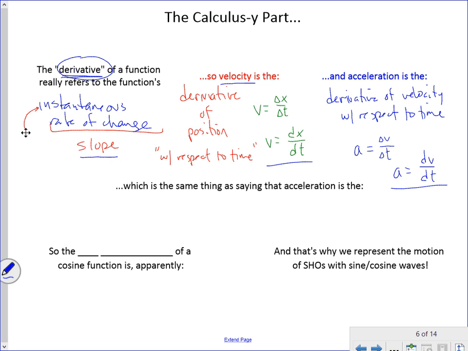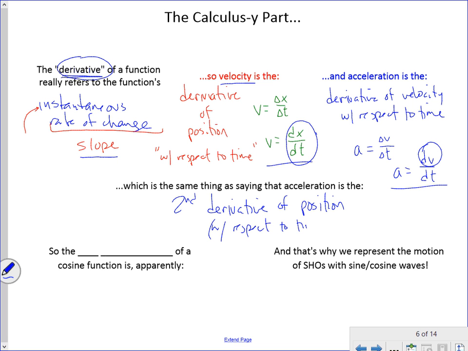Since v is dx dt, and velocity is the derivative of position with respect to time, it's the same thing as saying that acceleration is the second derivative of position with respect to time.